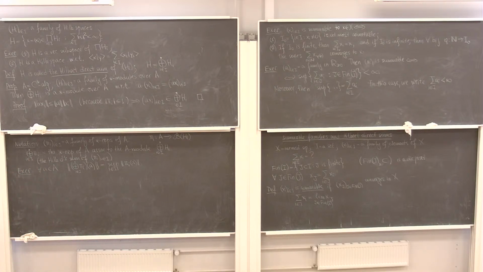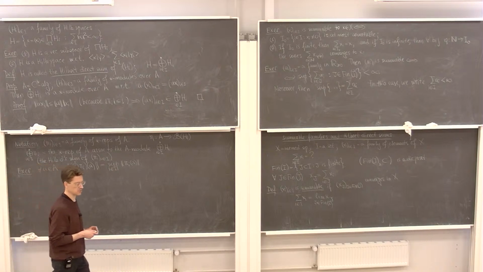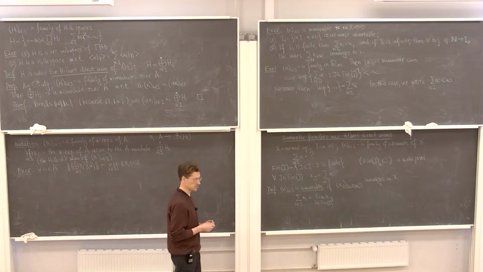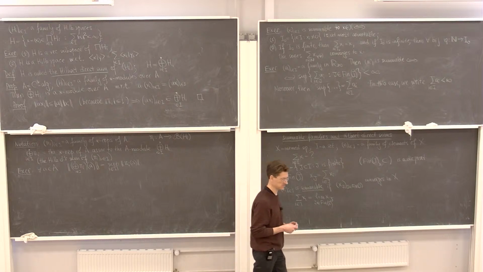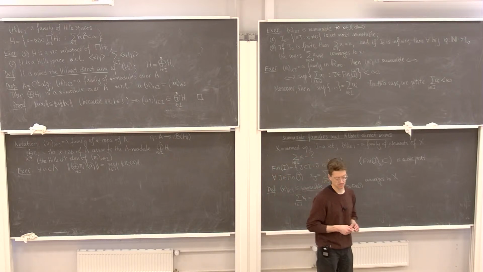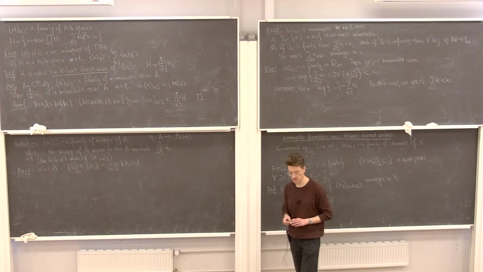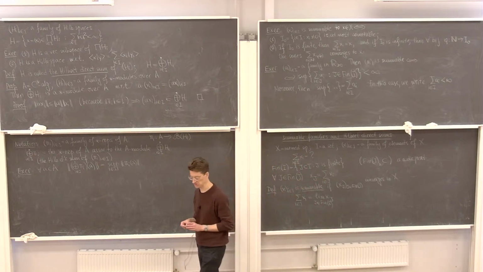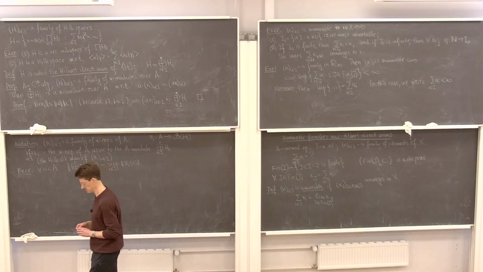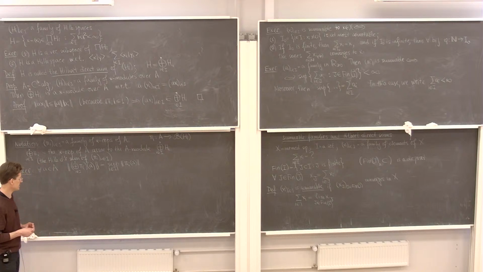In practice, Hilbert direct sums often appear in the situation where all the modules H_i are actually closed and pairwise orthogonal submodules of some fixed star module over A. And the next exercise describes this situation.